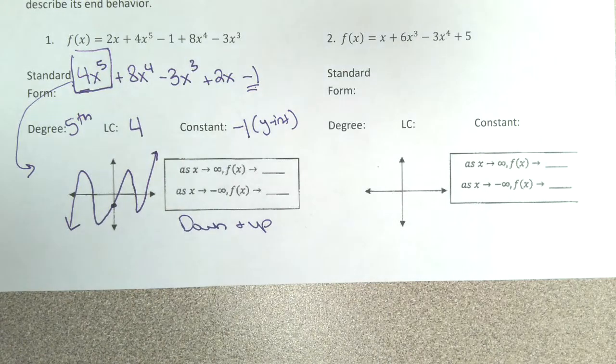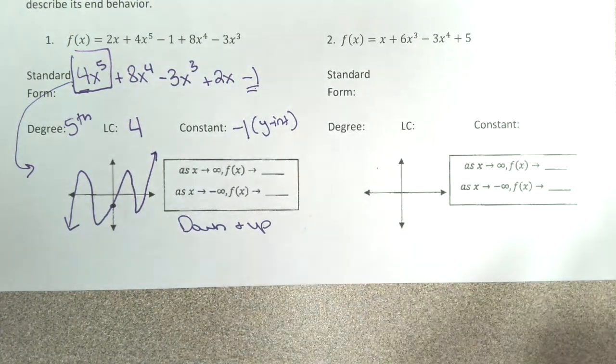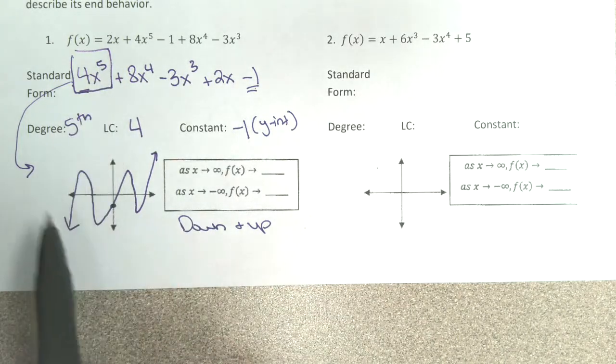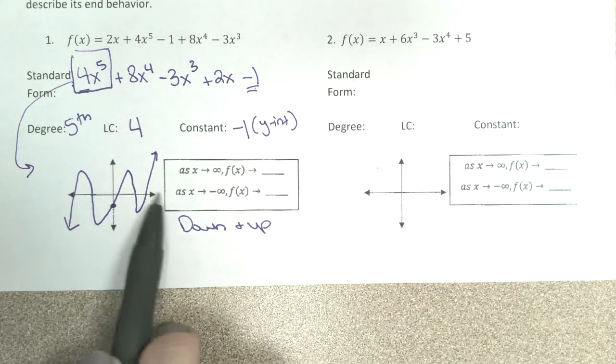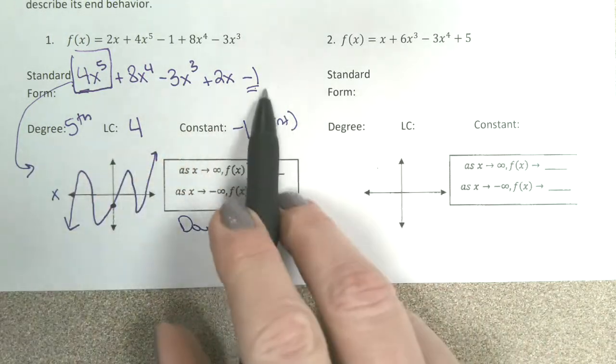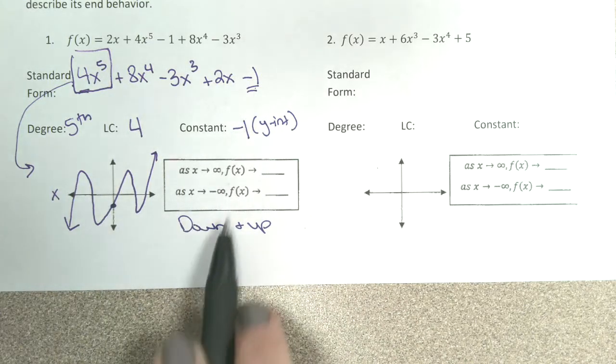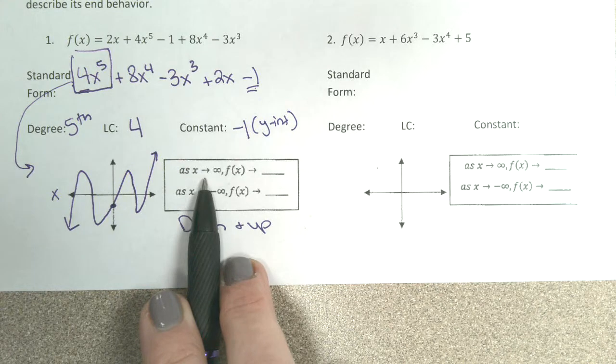Doesn't necessarily look like that, but for introductory purposes, this could be reasonable. So your biggest exponent means you have at most that number of zeros or x-intercepts, and the constant tells you your y-intercept right there. All right, let's fill in the chart.